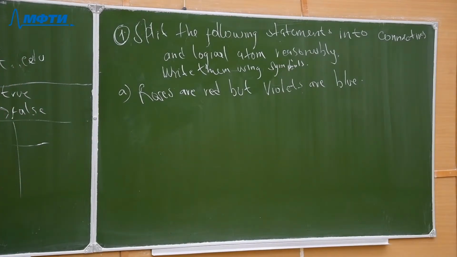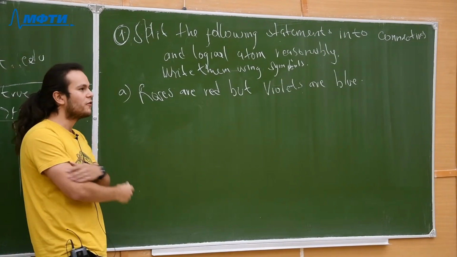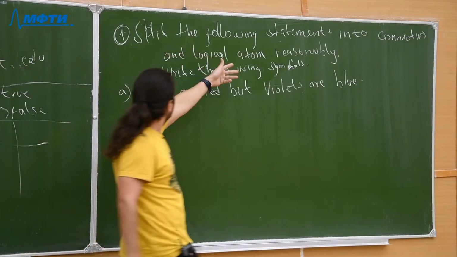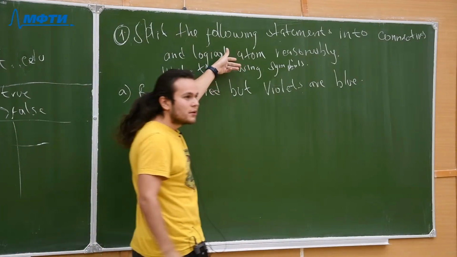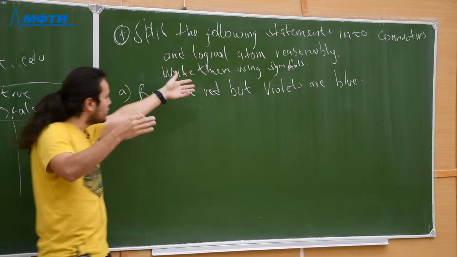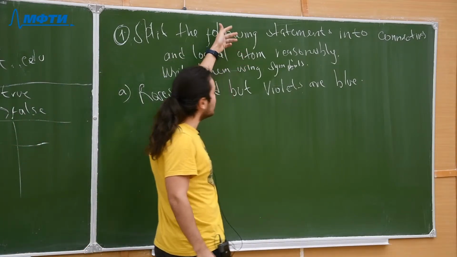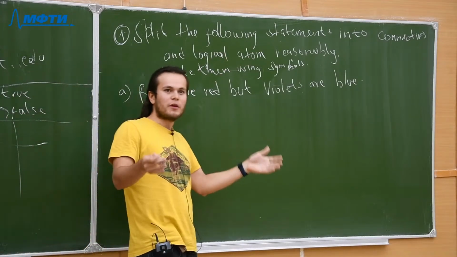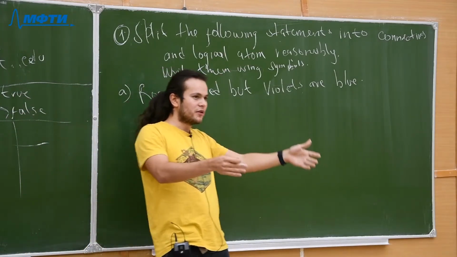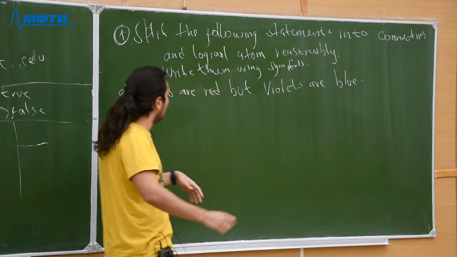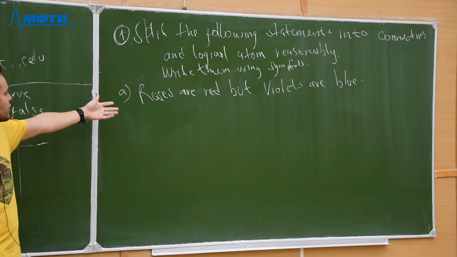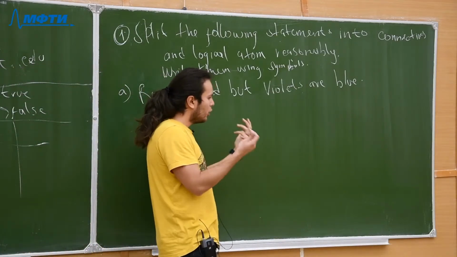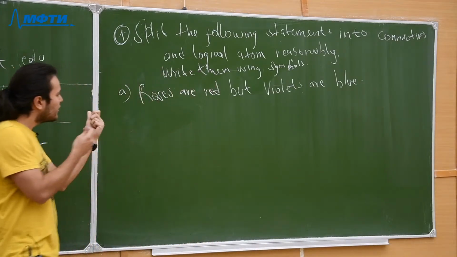What do we need to find here? We need to find simple statements, or atoms. An atom is the same as a simple statement. There are two kinds of statements: simple statements and compound statements. We need to find the simple statements here, and the connective, what is connecting them.